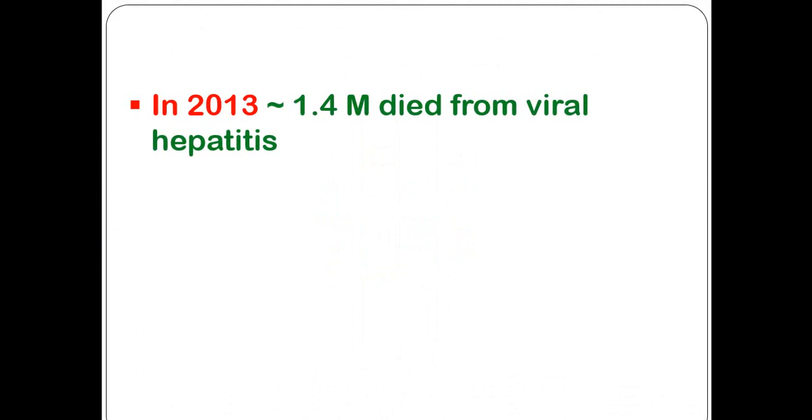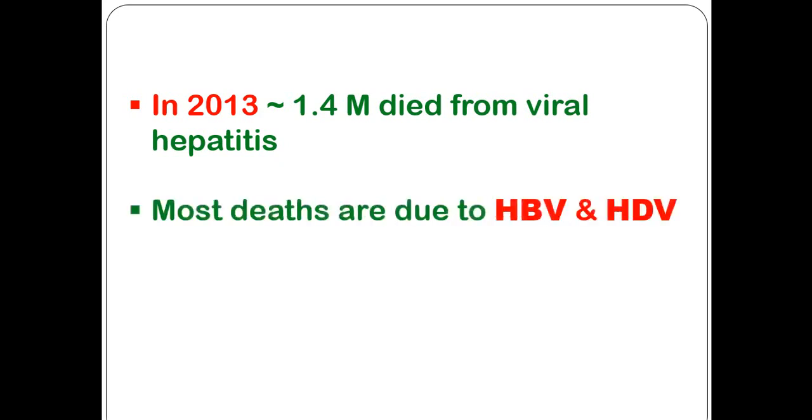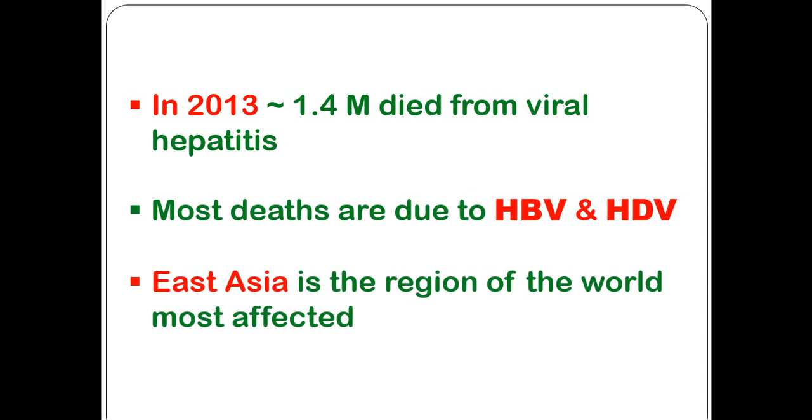Epidemiologically, in 2013, about 1.4 to 1.5 million died from viral hepatitis, and most deaths were due to hepatitis B virus and hepatitis D virus infection. The most affected area in the world was East Asia.